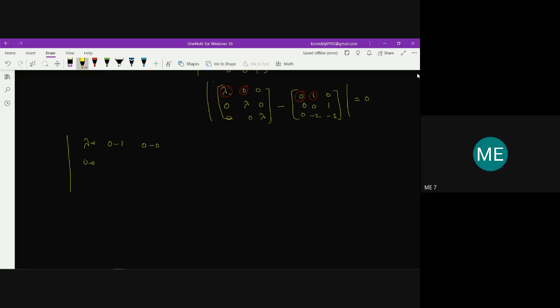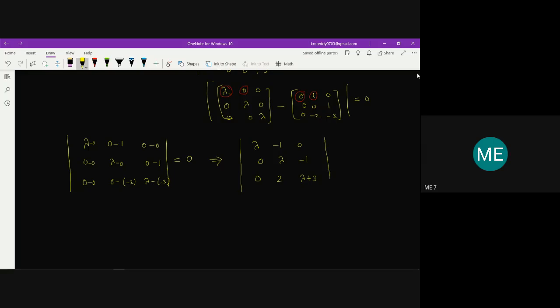Then 0 minus 0, lambda minus 0, then 0 minus 1, then 0 minus 0, then 0 minus of minus 2, then lambda minus of minus 3, equal to 0. Now if I simplify this, we get lambda, minus 1, 0, then 0, lambda, minus 1, then 0 plus 2, and lambda plus 3.